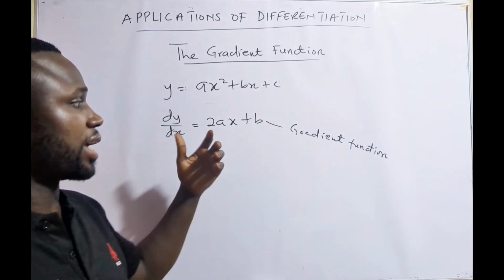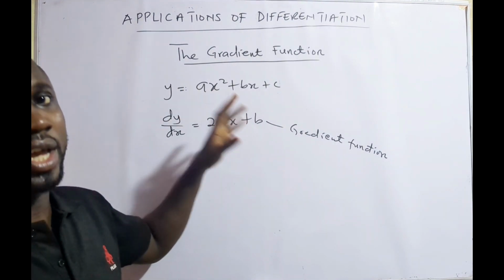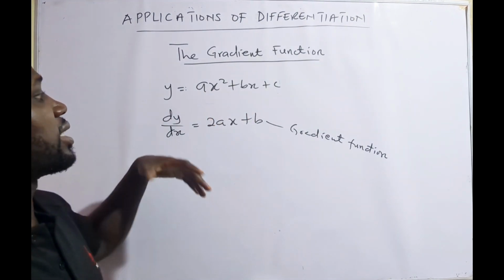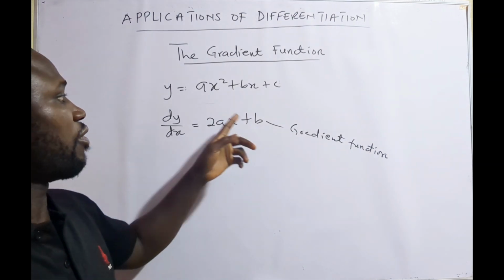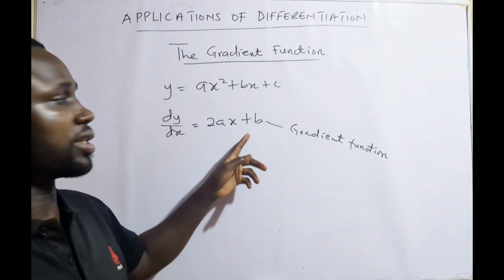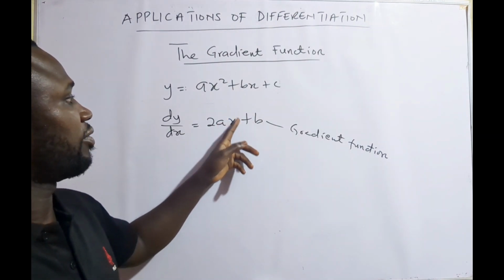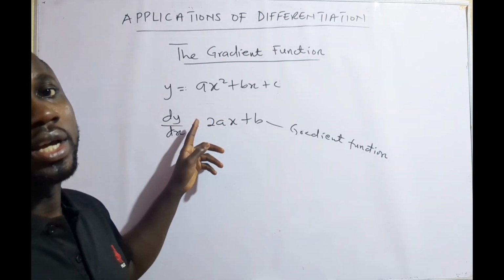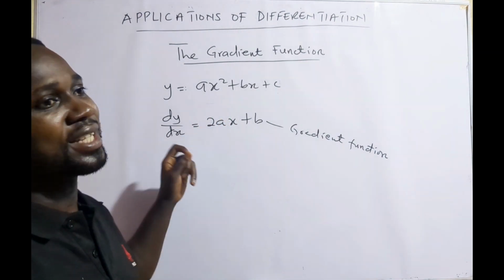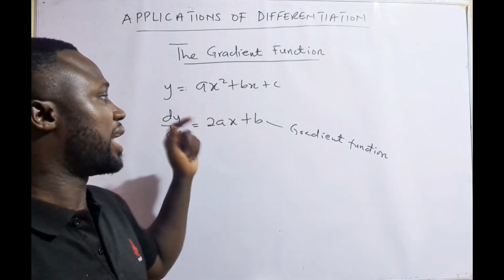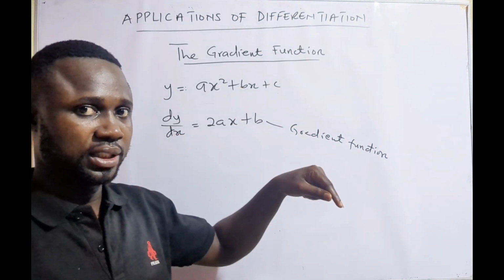On the curve. So at any point on the curve, if I substitute the value of x into this function here, it will give me the gradient at that particular point.